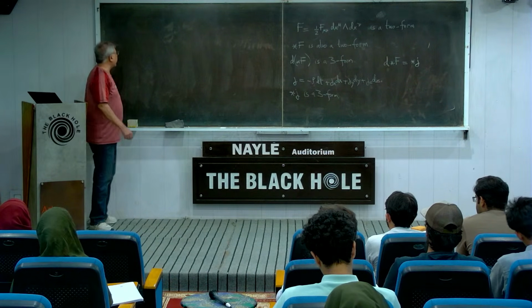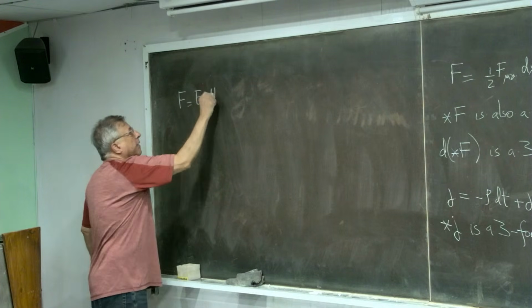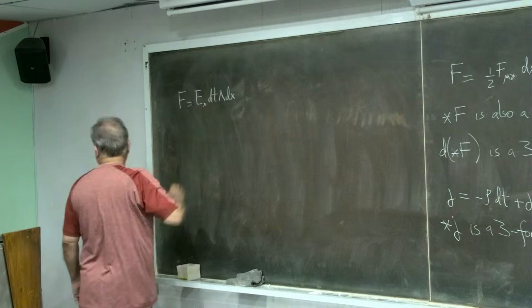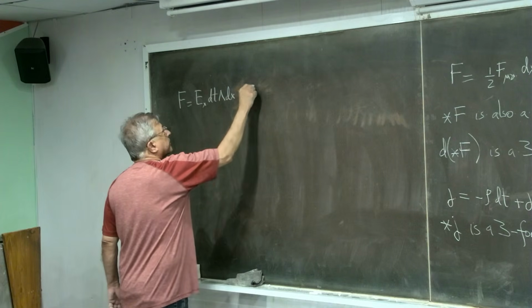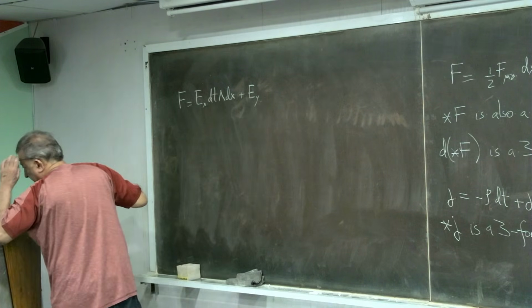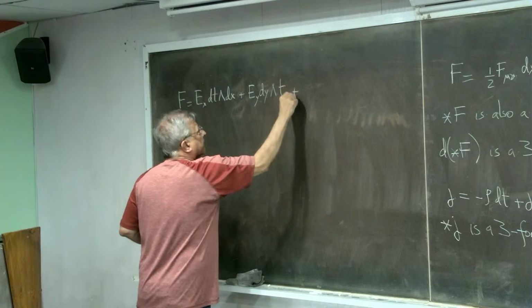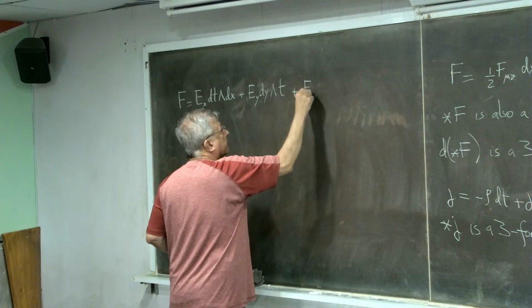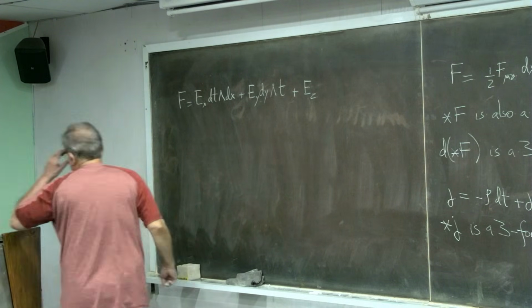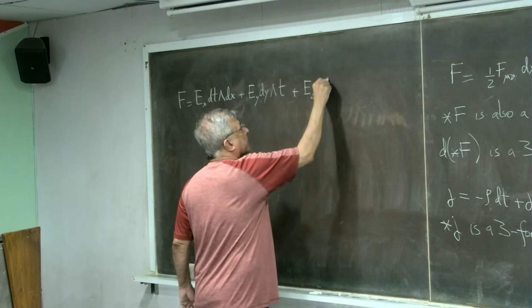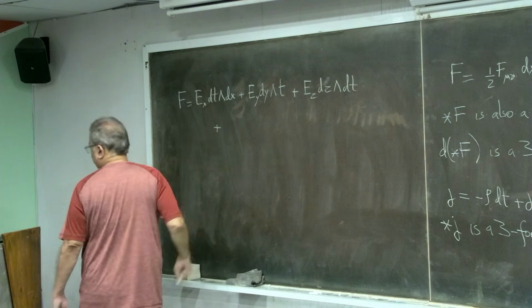So if you write it out explicitly, plus, and then there'll be the B components.